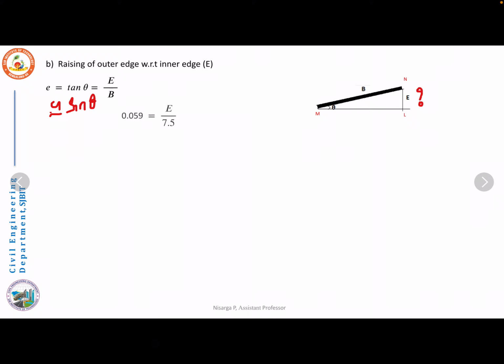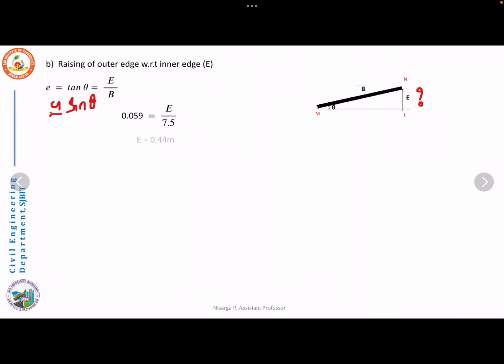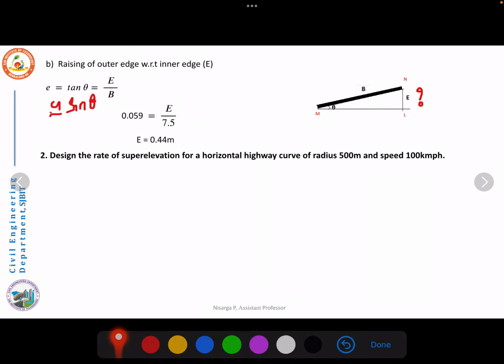The small e value from the previous step we obtained as 0.059, and the pavement width is given as 7.5, so we can estimate the height of rise. It says that the outer edge of the pavement has to be raised by 0.44 meter with respect to the inner edge.